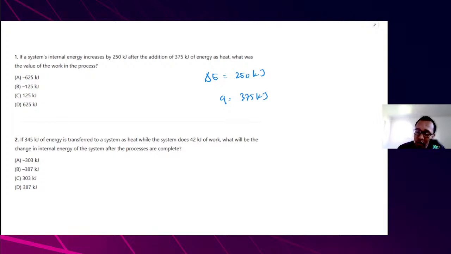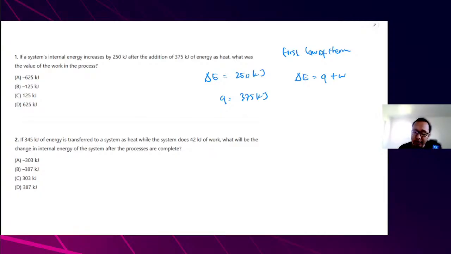This is the concept of the first law of thermodynamics, which says delta E = Q + W.